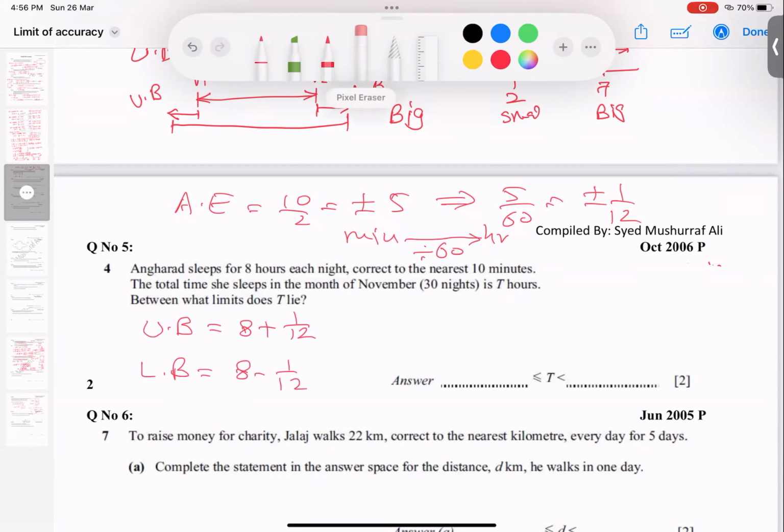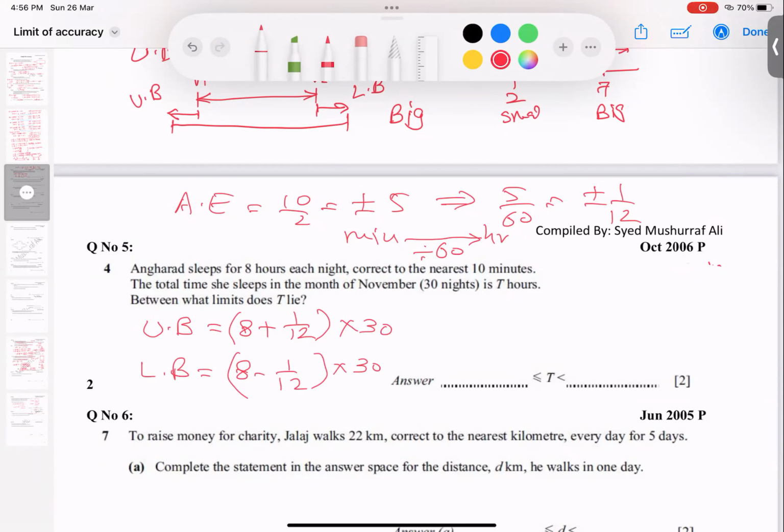But the thing is that it happens 30 times, so multiply 30 up and multiply 30 down, because it is for 30 nights. I hope you got the point very clearly. I'm just typing in the calculator 8 plus 1 divided by 12, and multiplying this answer by 30.